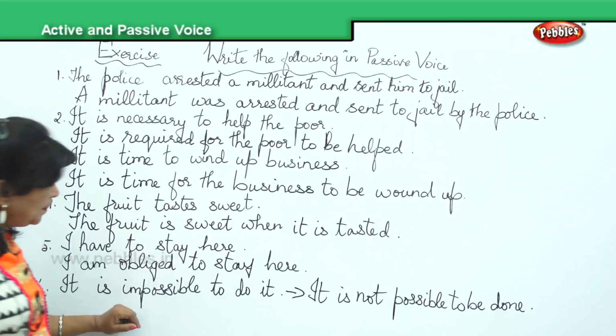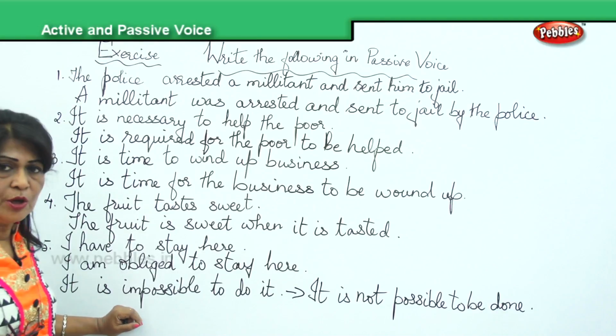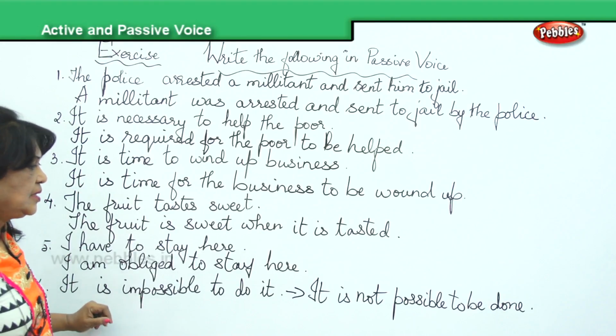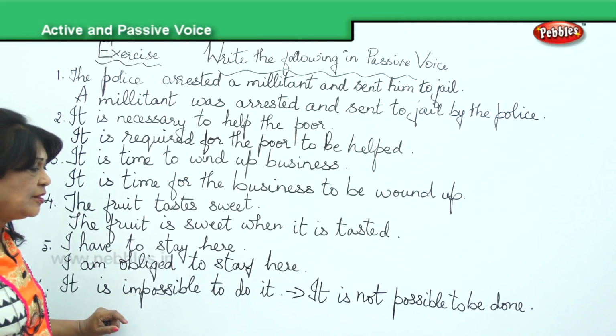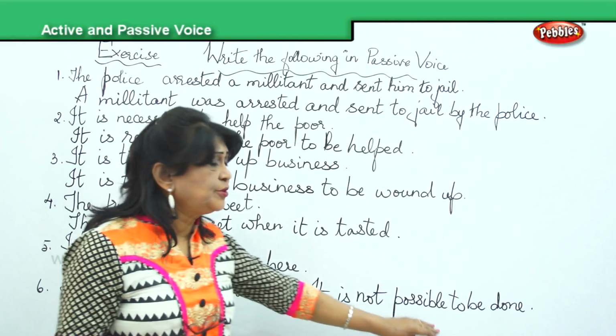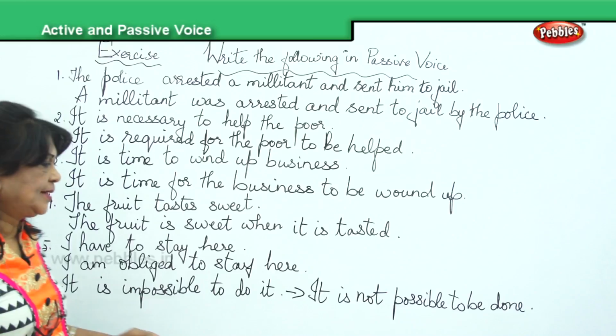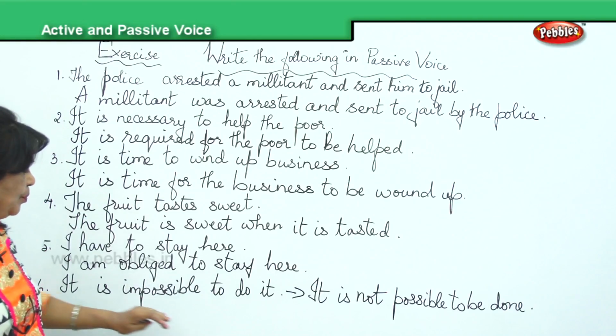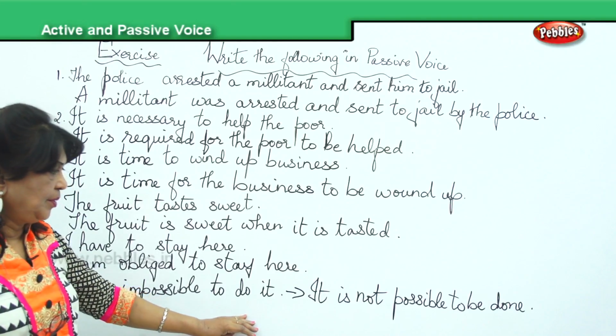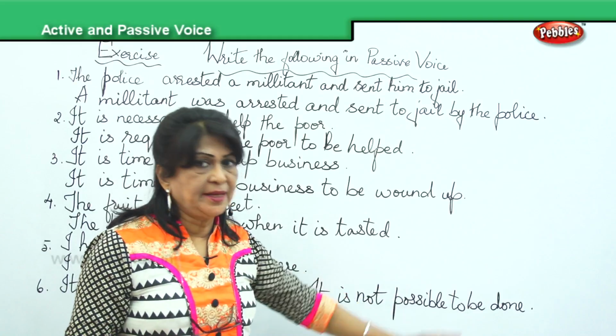Okay? This impossible is not possible. It is impossible to be done. Instead of that, it is not possible to be done is better. It sounds better. It is impossible to do it becomes it is not possible to be done.